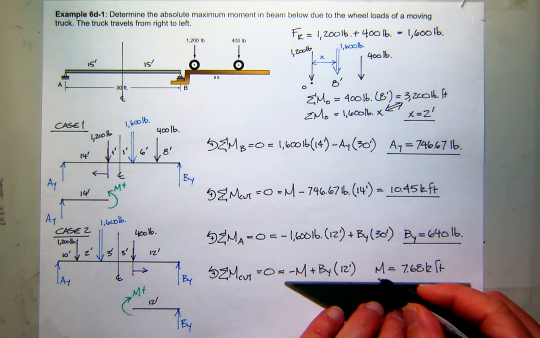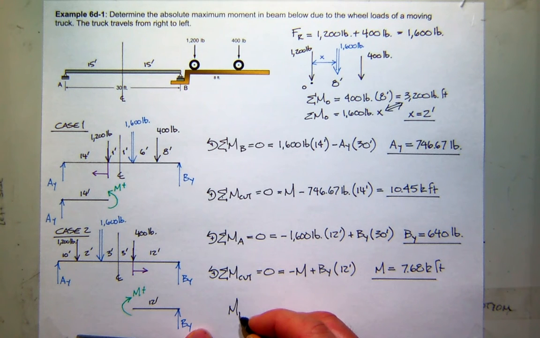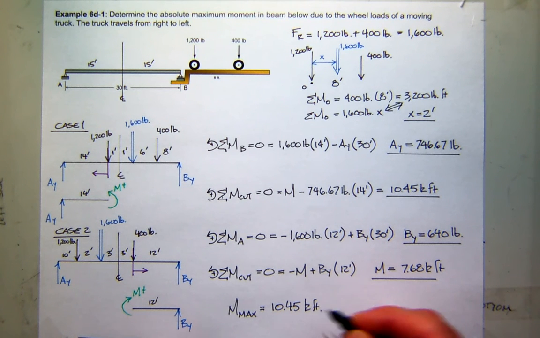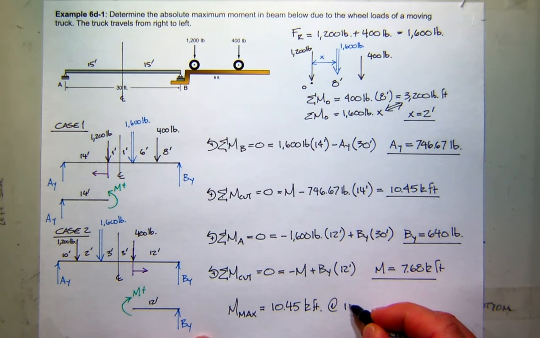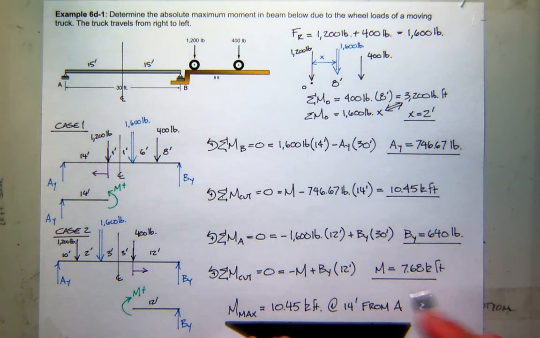Which one is bigger? So the maximum moment in this structure is 10.45 kip feet, and it occurs at this position, which is 14 feet from A. So not only do I know the value, I know its location.